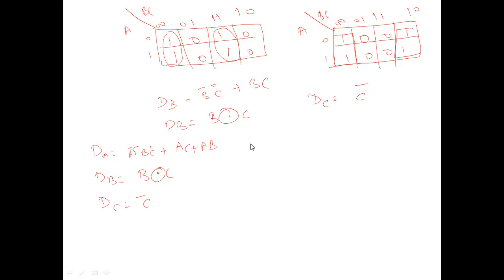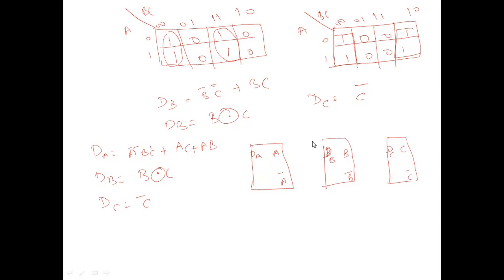Now you draw 3 flip-flops: A flip-flop, B flip-flop and C flip-flop. You call it A flip-flop, A bar; B flip-flop, B bar will be the output; C flip-flop, DC is the input, C and C bar will be the output.